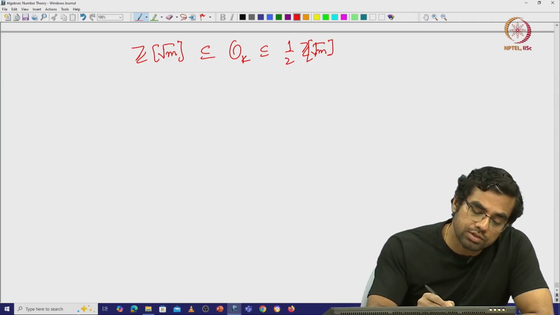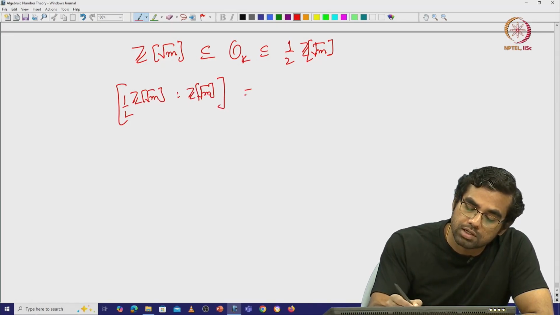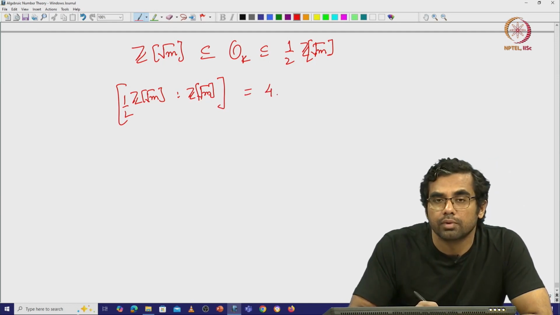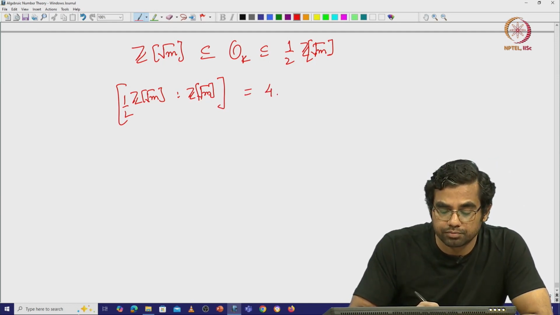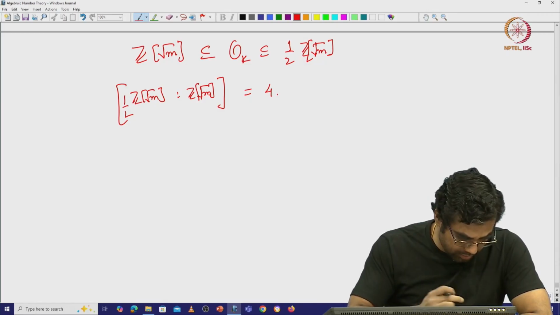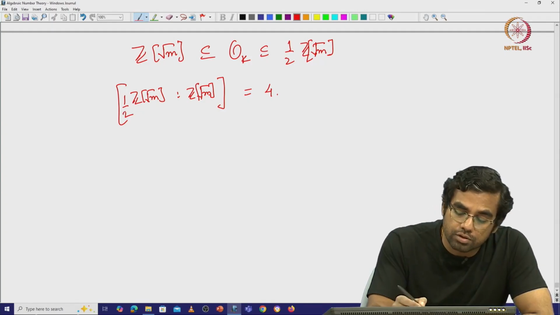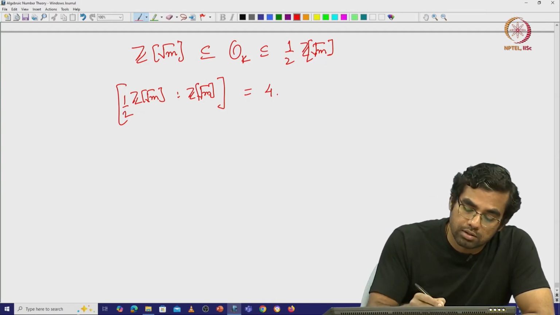So, if the first equality holds, then we are done. But what is the index of? So, if I look at this, this index is 4. Right. There are 4 elements that give you cosets of Z[square root of m] in this. Okay.